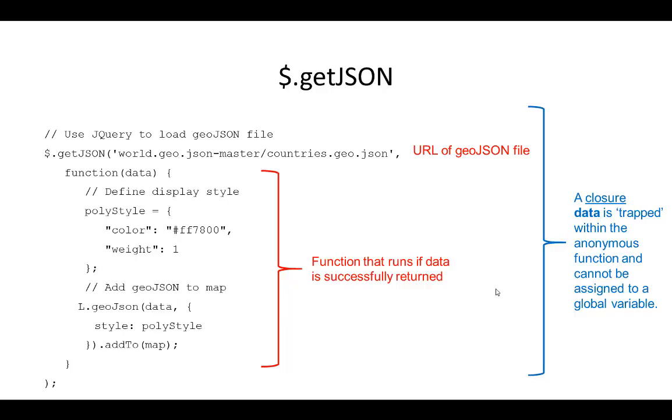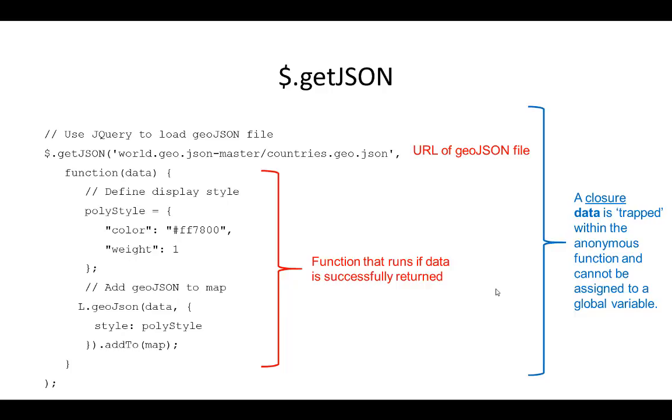If it fails, it would throw an error, and we haven't been dealing with error catching here at all. So if it successfully reads the JSON file, this function runs, and data is the contents of the GeoJSON file, or the JSON file.